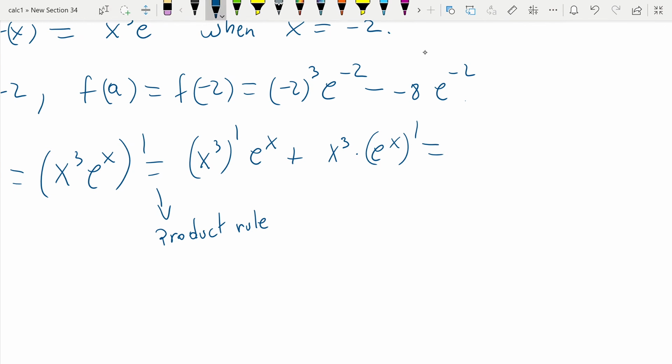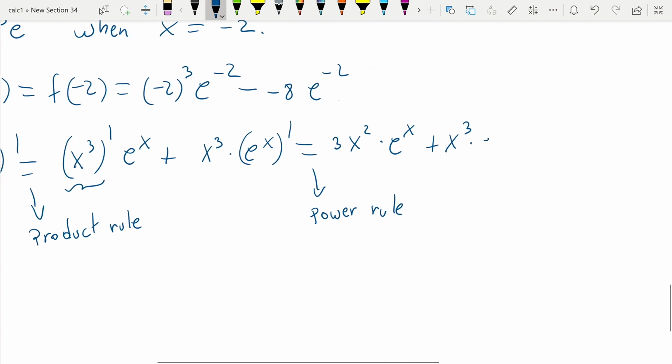Now we need to use the power rule for x cubed, and so alpha here is 3. So we get 3x to the 3 minus 1, which is just 2, times e to the x, plus x cubed times the derivative of e to the x, which is just e to the x itself.